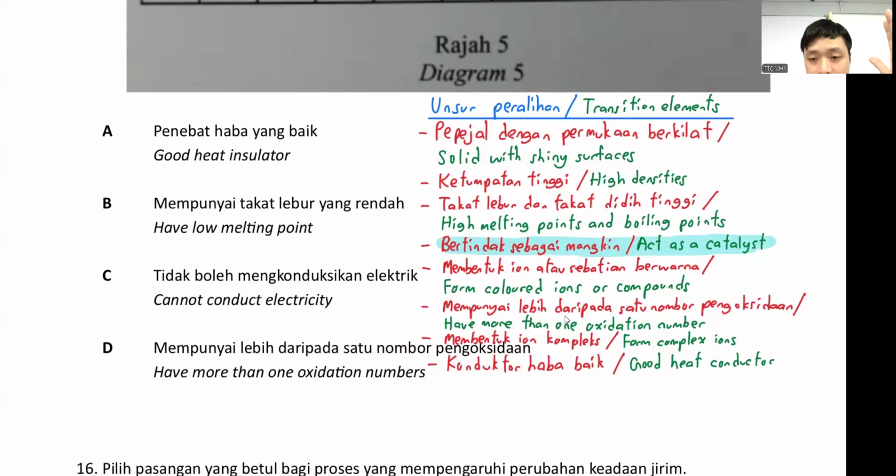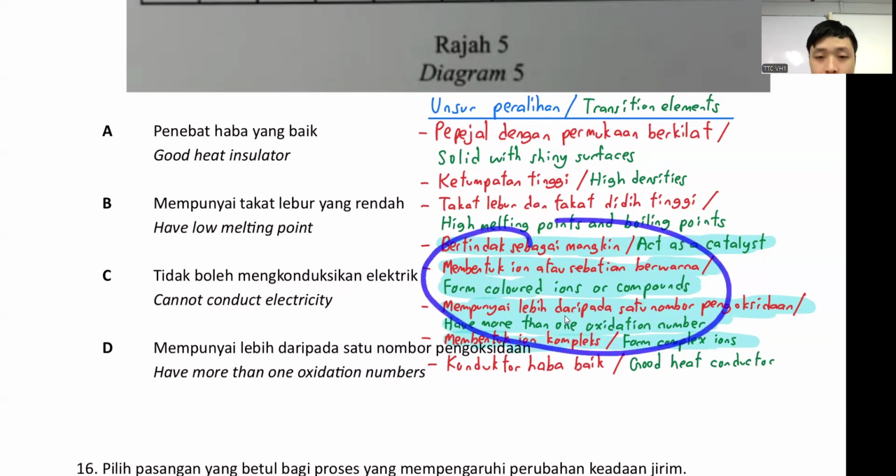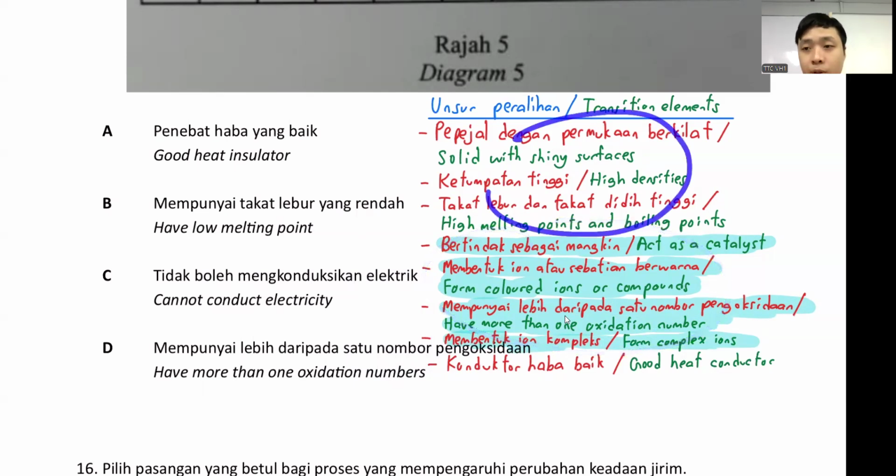First one, act as a catalyst. Second one, can form colour ions. Third one, have more than one oxidation number. And this one, form complex ion. Now, other than these four, normally they are the normal physical properties.